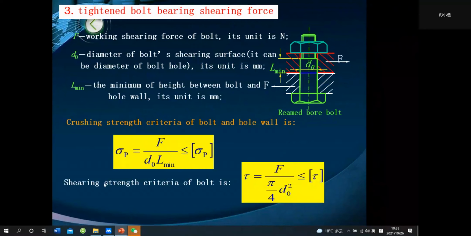And the shearing stress criterion of the bolt is that the shear stress is equal to F divided by the area, and should be less than the allowable shear stress. So this is for the third condition.